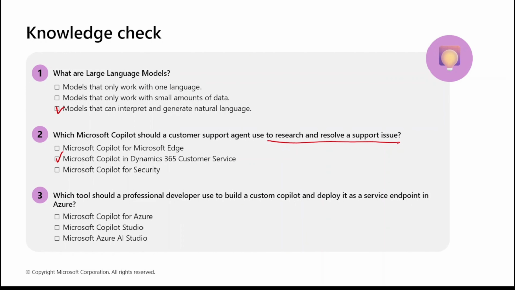Now, which tool should a professional developer use to build a custom Copilot and deploy as a service endpoint in Azure? Remember, we talked about it when we were going over. You got Microsoft Copilot for Azure. You got Microsoft Copilot Studio. You got Microsoft Azure AI Studio. Which one will you use to deploy a service?